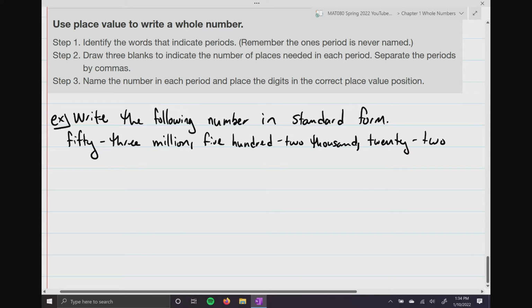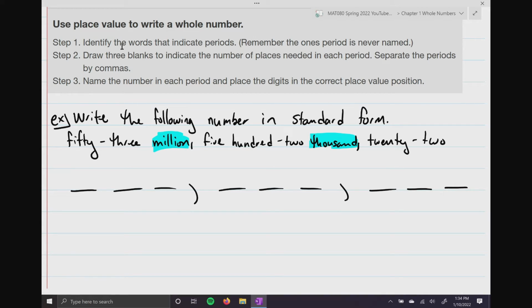My computer does that from time to time because I don't know where to tap it. So, first things first, we're going to identify the periods. From left to right, we got millions, we got thousands, and then we know the very far right-hand side is always going to be the ones. So from here, we're just going to draw three little lines and separate them by commas. And then we're going to name each number period and place the digits in the correct place value position.